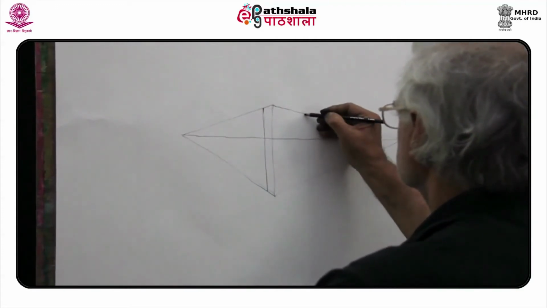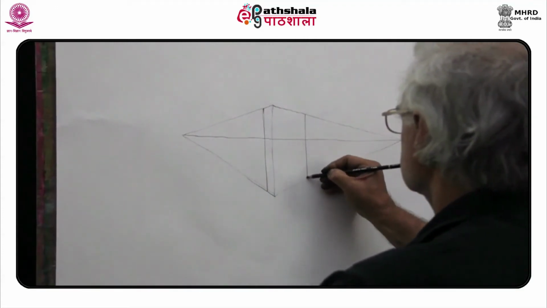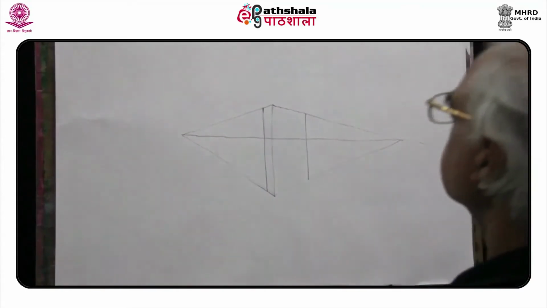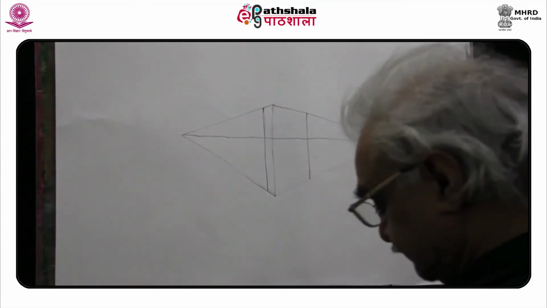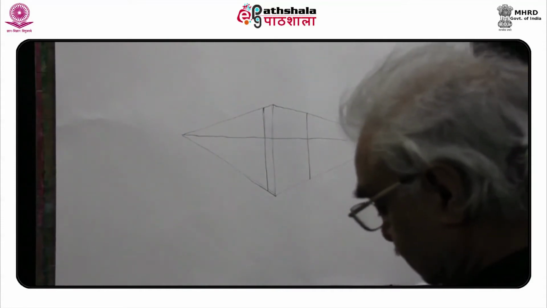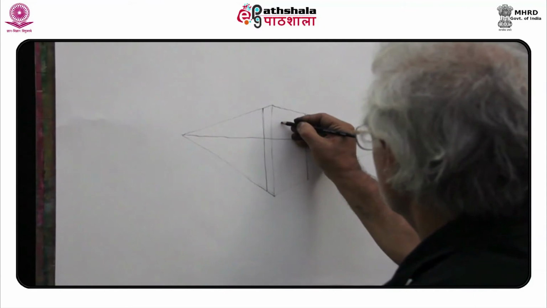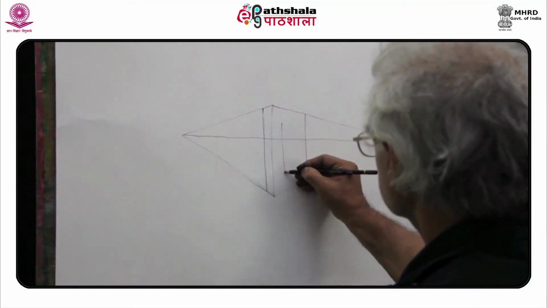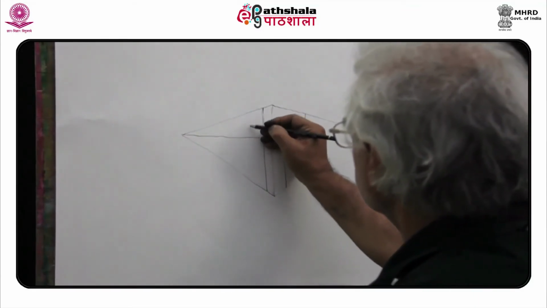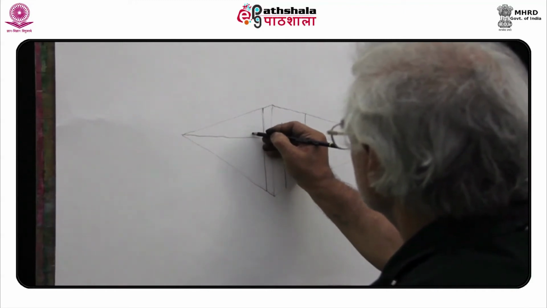Draw two perpendicular lines parallel to the object but within the triangular shapes. A narrow frame on the left and a wider one on the right.